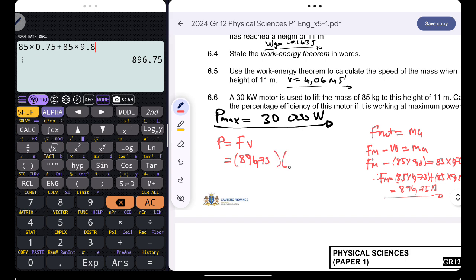So the power is 896.75 multiplied by the average velocity. You can say V final plus V initial, that's just 4.06 plus 0 all over 2. That's our average velocity. So the average power produced by the motor is 896.75 multiplied by 4.06 plus 0 divided by 2.